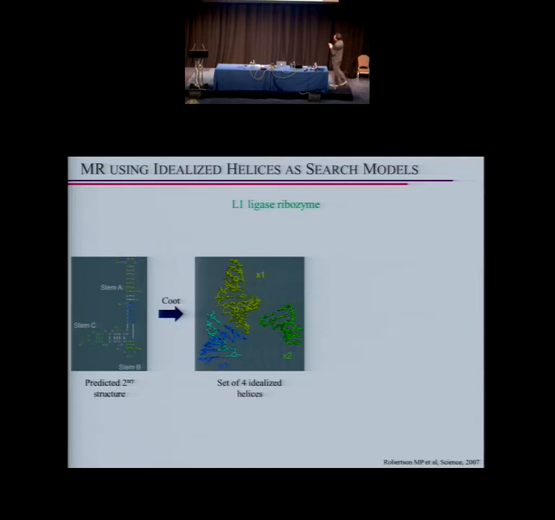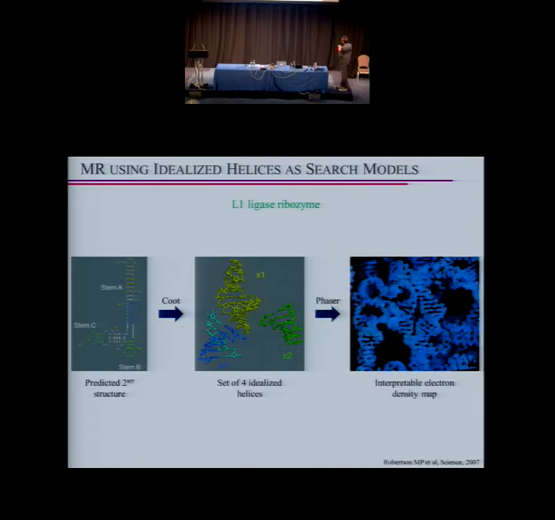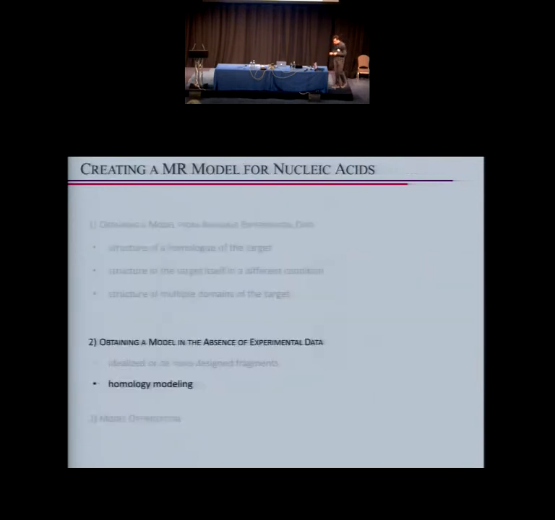And they inputted these 4 helices as independent search ensembles in Phaser, thereby being able to obtain an interpretable electron density map from those data, an experimental interpretable electron density map that was later also very elegantly confirmed experimentally using bromine derivatives and experimental phasing.